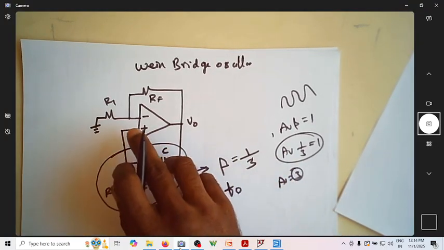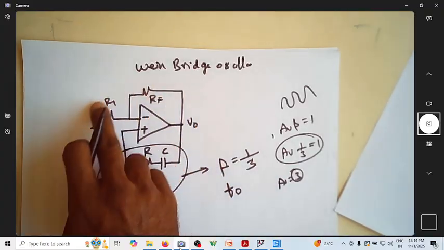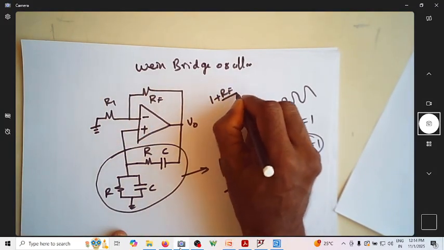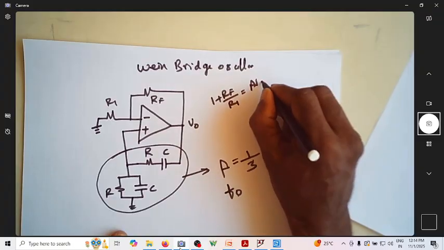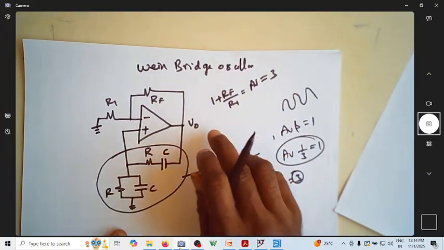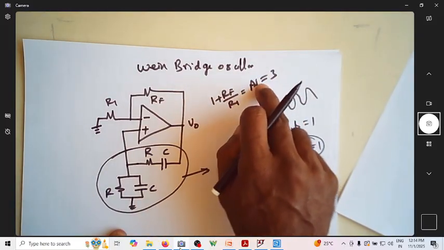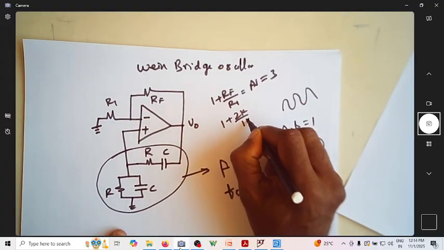What is this A_V? Suppose the signal is feeding back here, is it not looking like a non-inverting amplifier? 1 plus RF by R1 will be your A_V now. This should be equal to 3. When this gain of this amplifier becomes 3, when is this possible? So when this is 1 plus 2k by 1k is equal to 3.